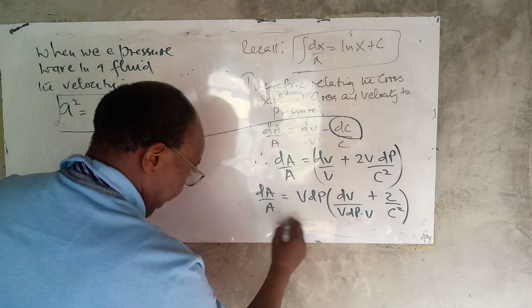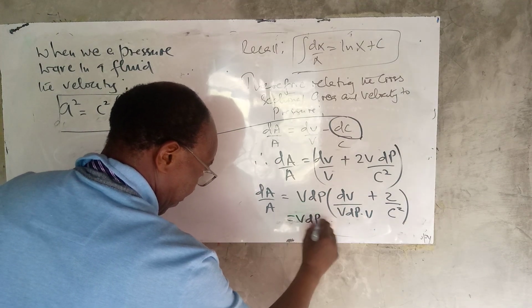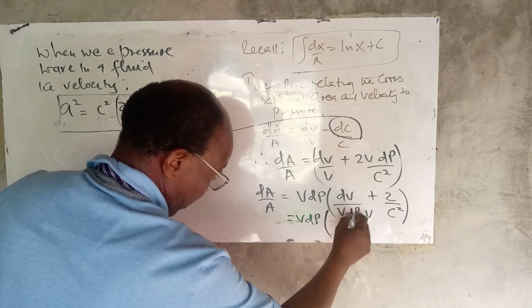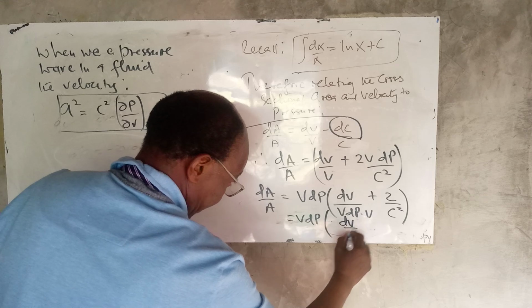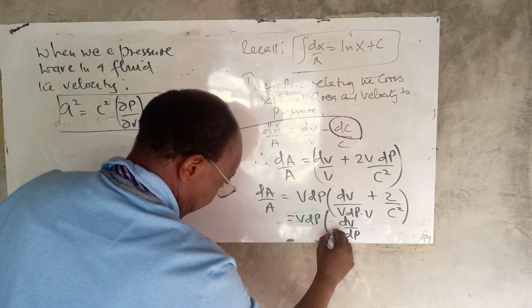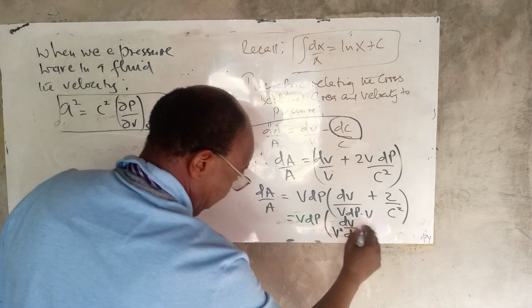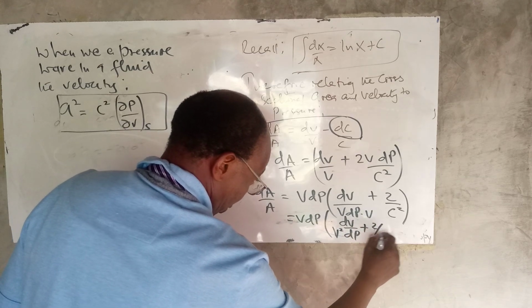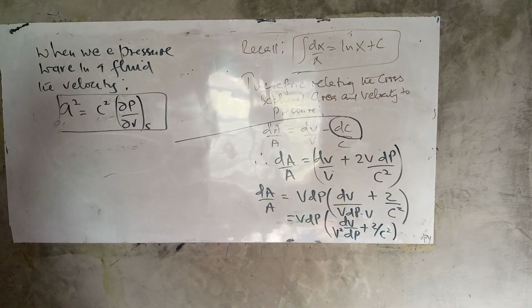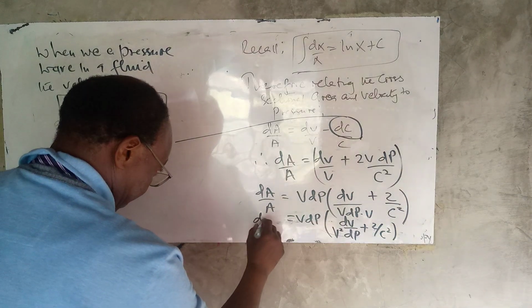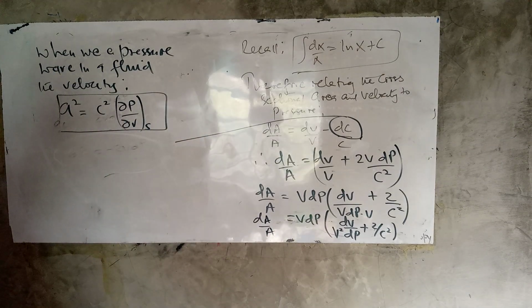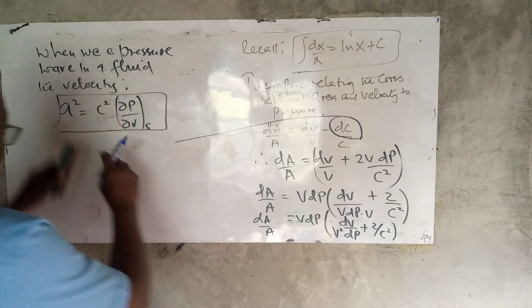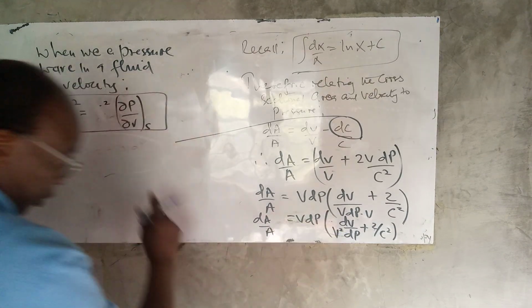So this expression is V dP into dV over dP times V squared plus 2 over C squared, which is dA over A.